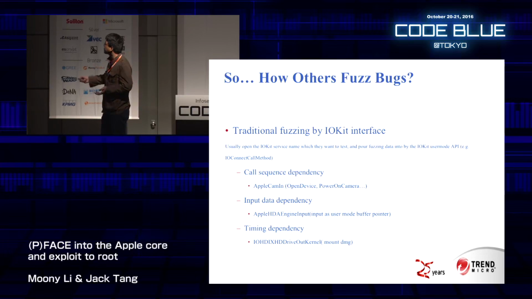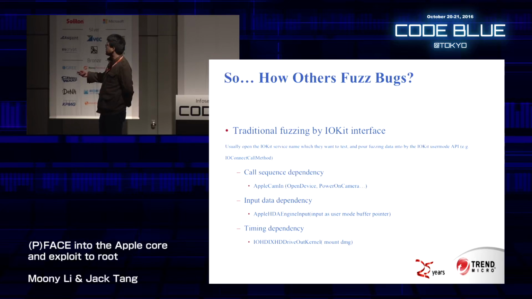For example, for the call sequence dependency, the researcher must open the device, for example our camera I/O service, first, and power on the service. Then you can do your active fuzzing in a normal way. If any of the initialization fails, then the fuzzing activity would fail at an early stage.